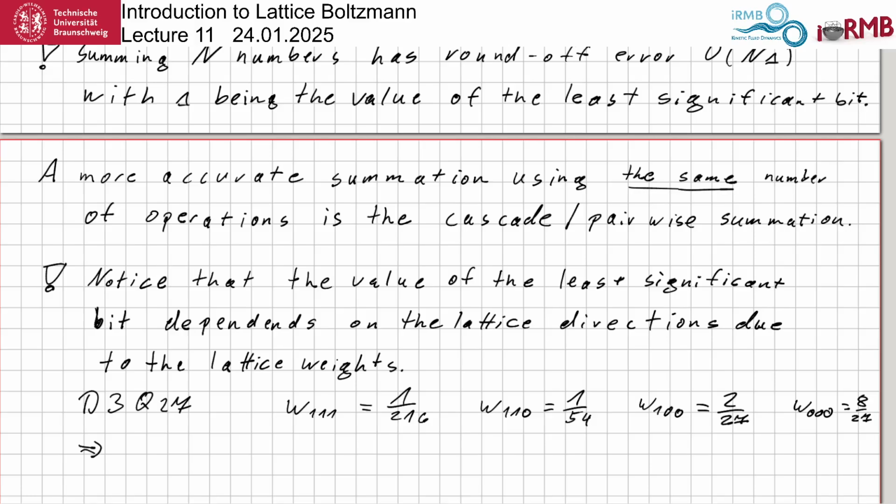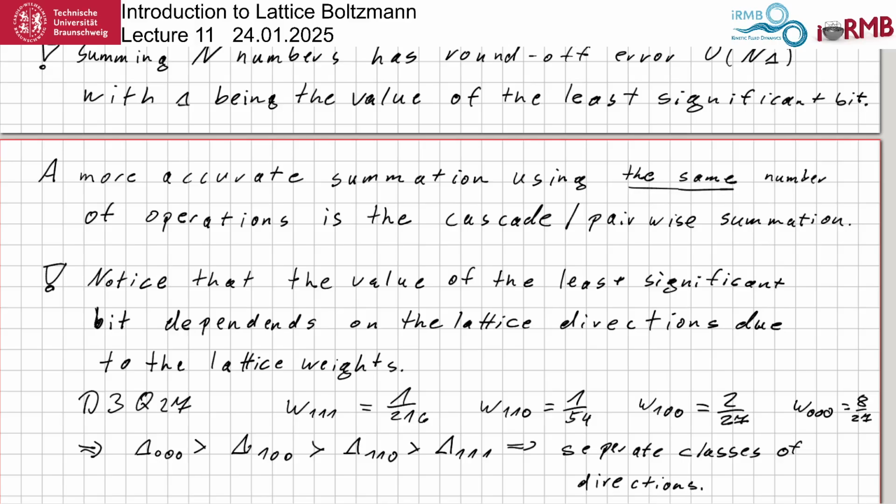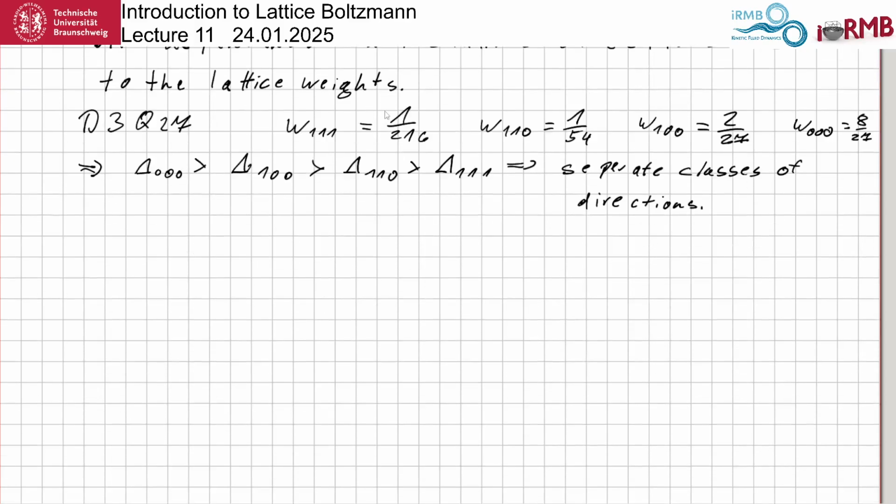Meaning that the least significant bit for the 000 population is larger than the least significant bit for the 100, and then for the 110, and then for the 111. So they have separate classes of directions. And therefore you should order them in a particular way.